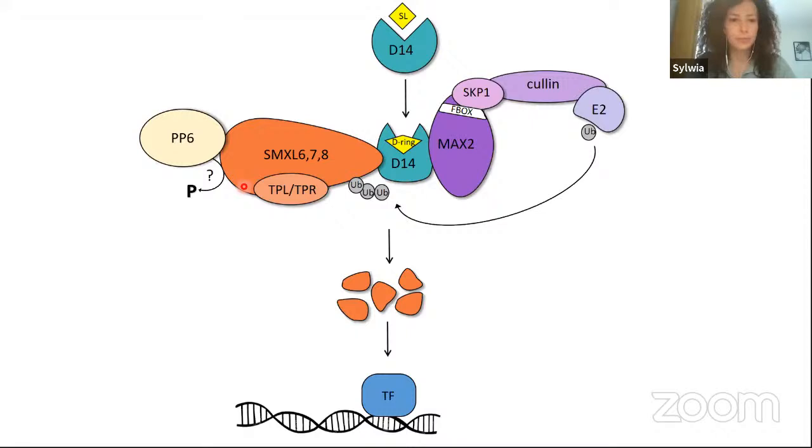We did a phosphoenrichment experiment to test if PP6 is dephosphorylating SMAX7, but at the moment I'm waiting for mass spectrometry results. It seems that PP6 can control stability or turnover of SMAX proteins, but whether this mechanism is MAX2 independent still remains to be determined.